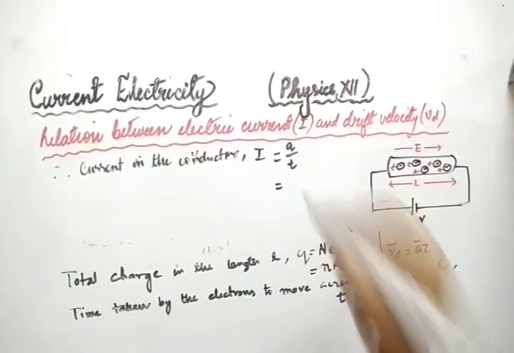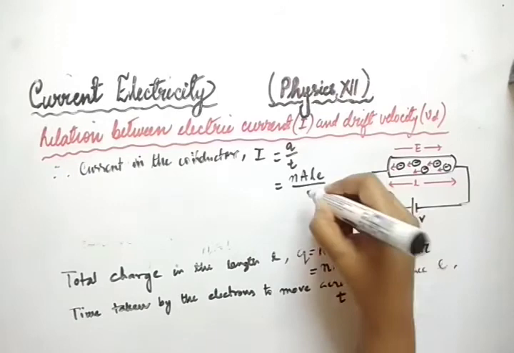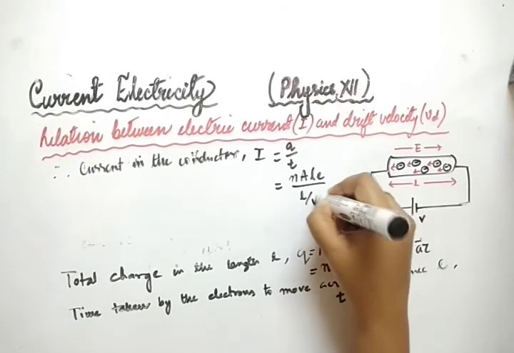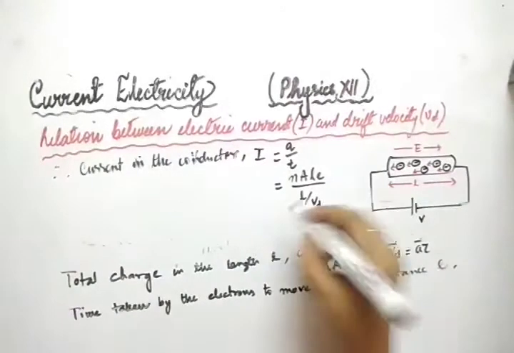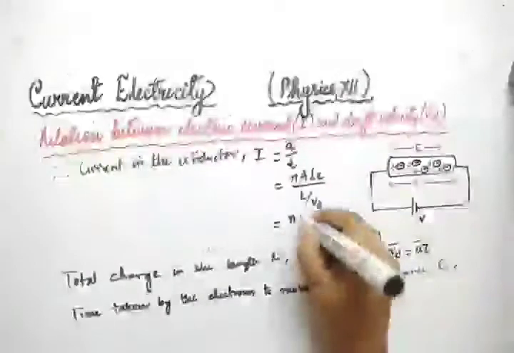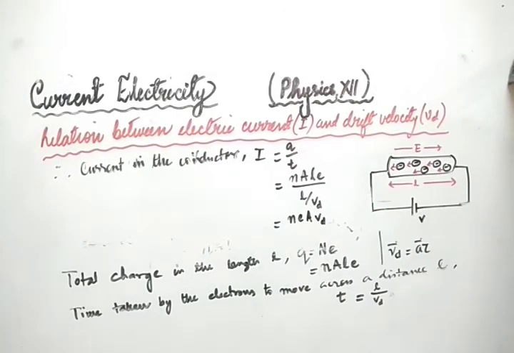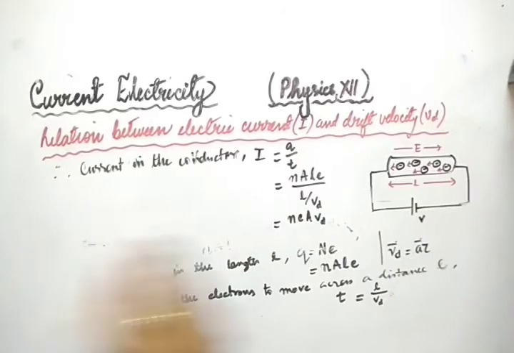So Q is n A L e and T is L by V d. L and L will get cancelled and V subscript d will move up. So we are left with n e A V d.